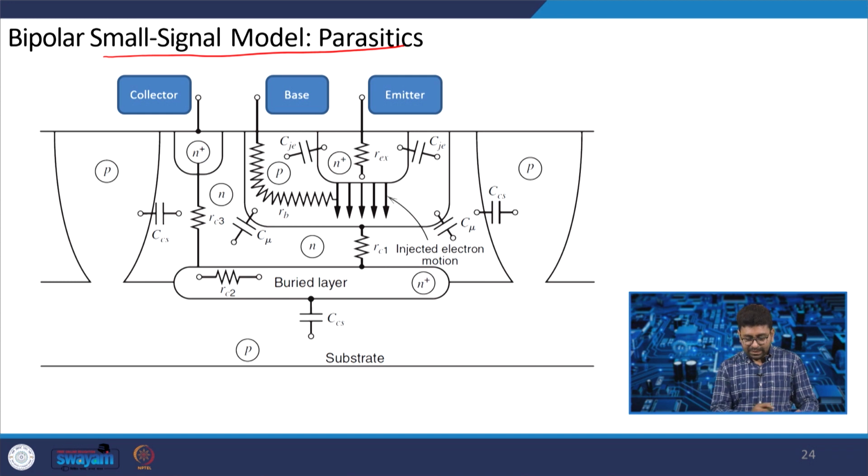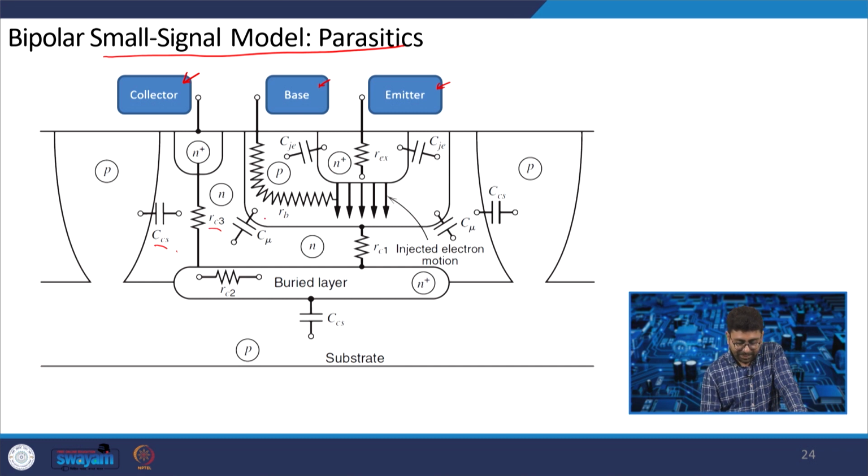Similarly, here there is a collector, a base and an emitter. The collector is a wider region compared to the base and then the emitter. From the collector to the substrate there is a capacitor CCS, and at the output there is a resistance RC.